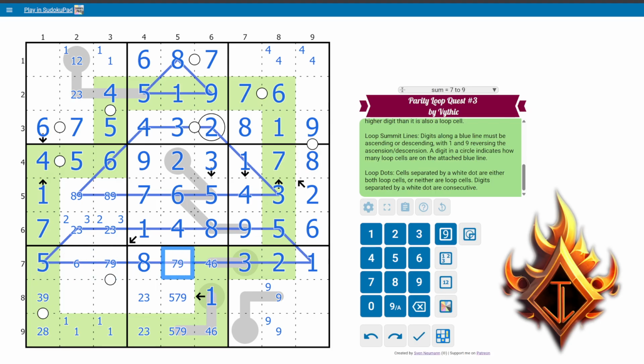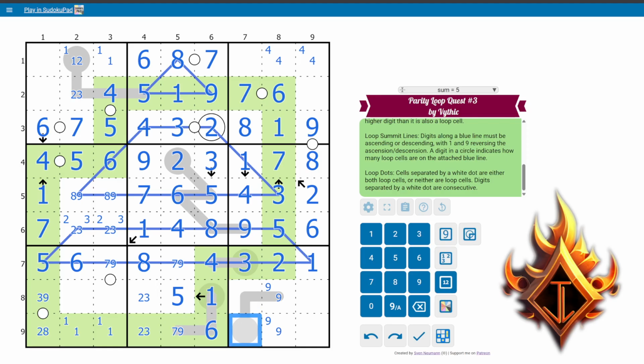We already know this is 7-9, and if the 9 was on this side, then it would have to be there. Otherwise, it's counting down, and it's already at its minimum, 7-6-5. So that is just a 6. That will be 4, that will be 6, that will be 7-9, so that will put 5 there.